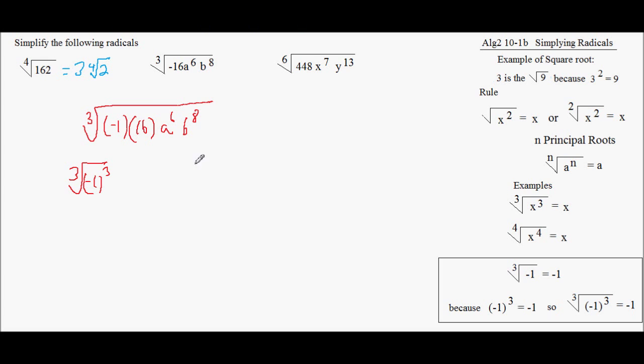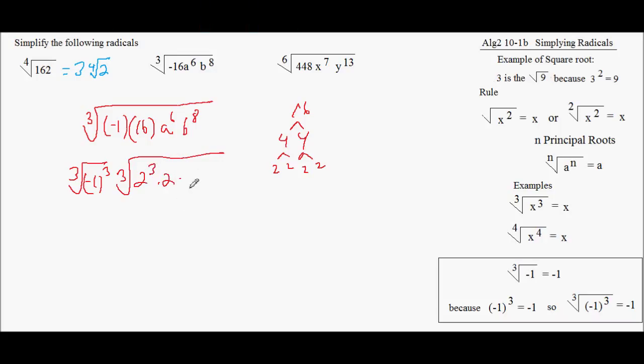Now 16 is 4 times 4, which is 2, 2, 2, and 2, so I take the third root of 2 to the third times 2.